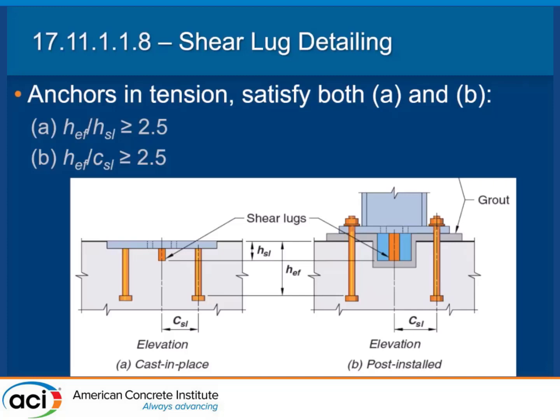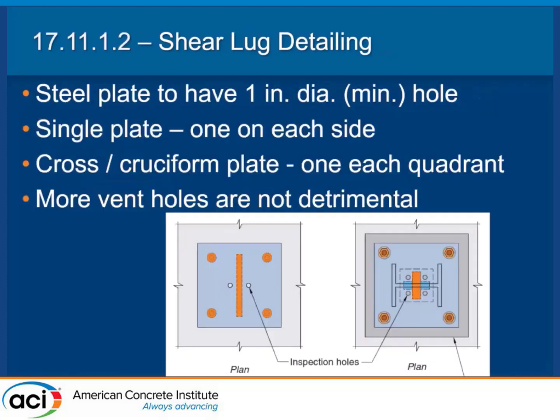You've got to keep those anchors far enough apart so you don't get too much interaction with the shear being transferred out of this lug. So they have some real easy spacing requirements as far as a minimum depth of the anchors and how far apart they have to be spaced so that this can be fully effective.